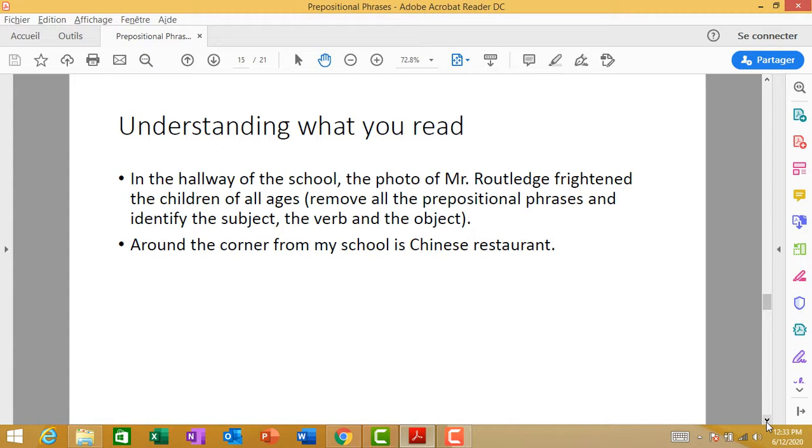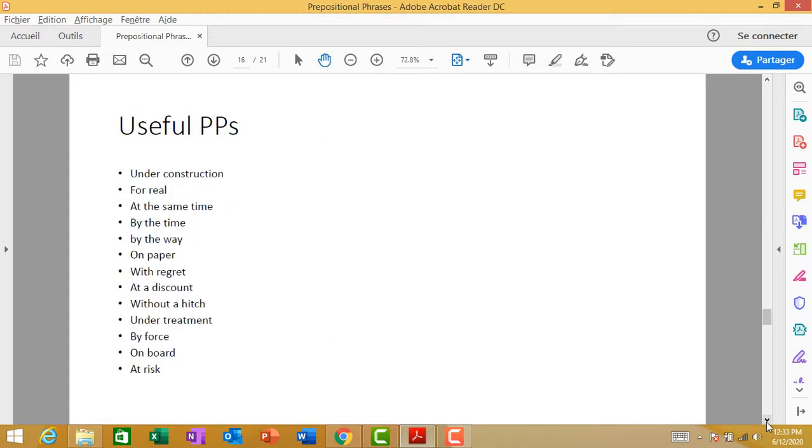So you will pause the video, you will identify the prepositional phrases, you will remove them, and you will be left with the subject. And you will be able to tell me which is the subject, which is the verb, and which is the object. And you will do the same thing with the second sentence. And you will be able to see how it can help you understand better what you read.